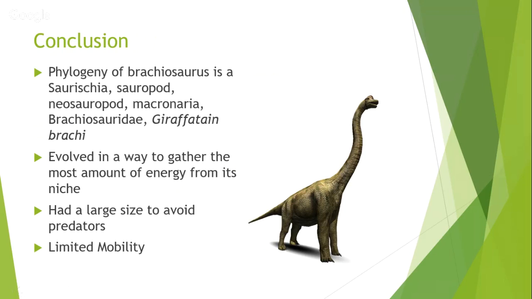Okay, so for my conclusion, to sum it up, this icon of the Jurassic period has the phylogeny of Saurischia, Sauropoda, Neosauropoda, Macronaria, Brachiosauridae, and brancai.